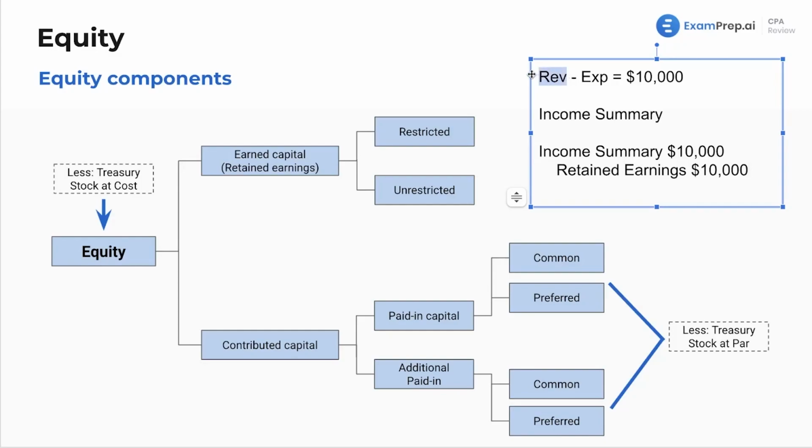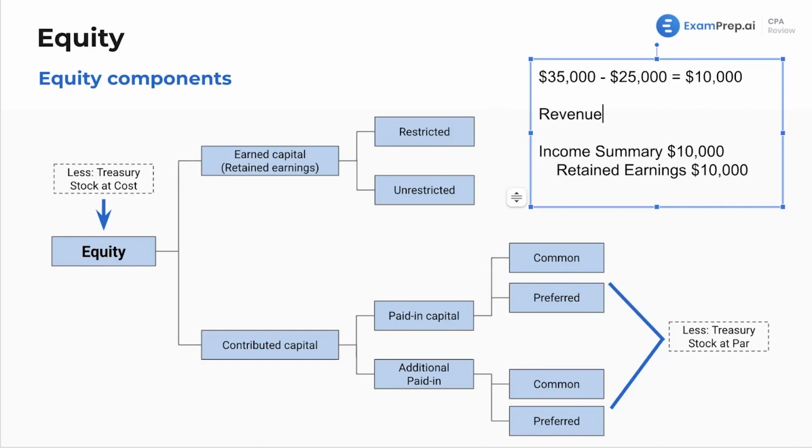Let's say this is $35,000 of revenue and expenses are $25,000. Because you've got to remove revenue, expenses, and all the income statement items off of your accounts for the year at the end of the year. So what are you going to do? Well, to increase revenues, you credit them, to decrease them, you debit them.